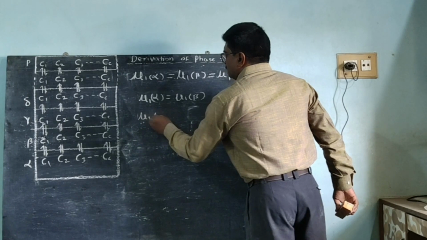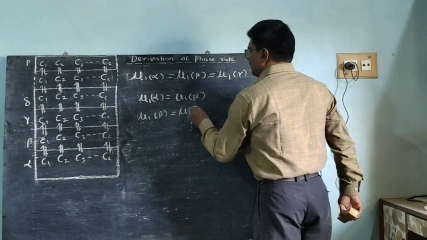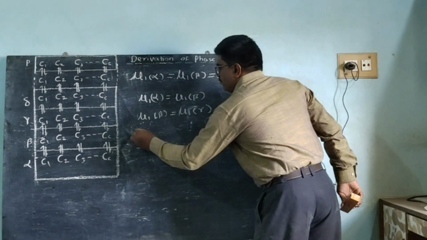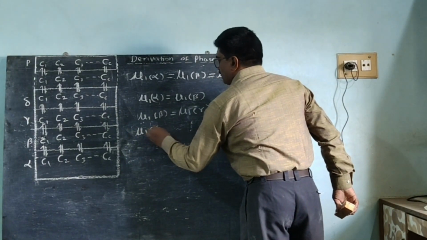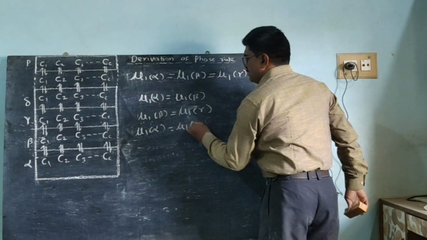Mu1 beta is equal to mu1 gamma. The third can be written as mu1 alpha is equal to mu1 gamma.